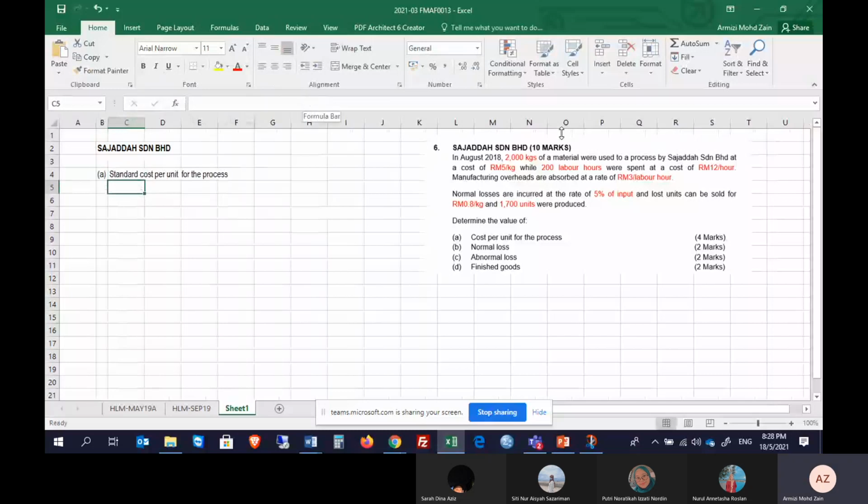Okay, this means, for example, if it is a bakery, 2000 kg of flour were used every month for a bakery shop.